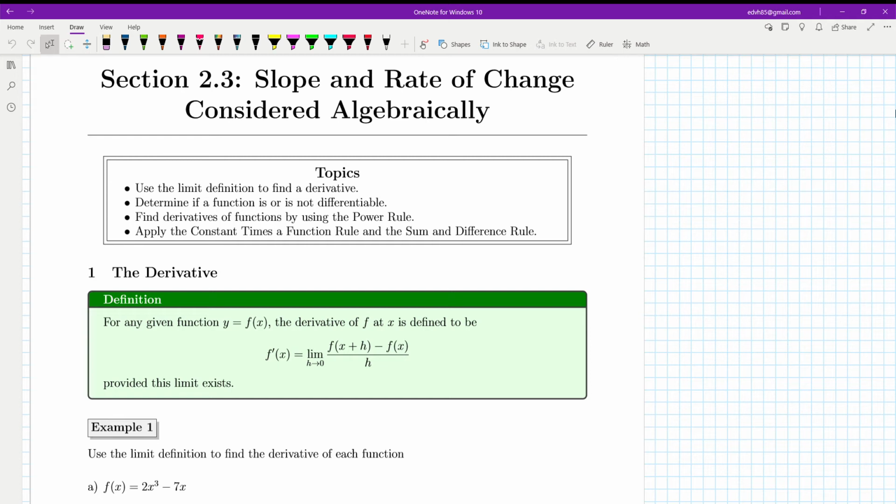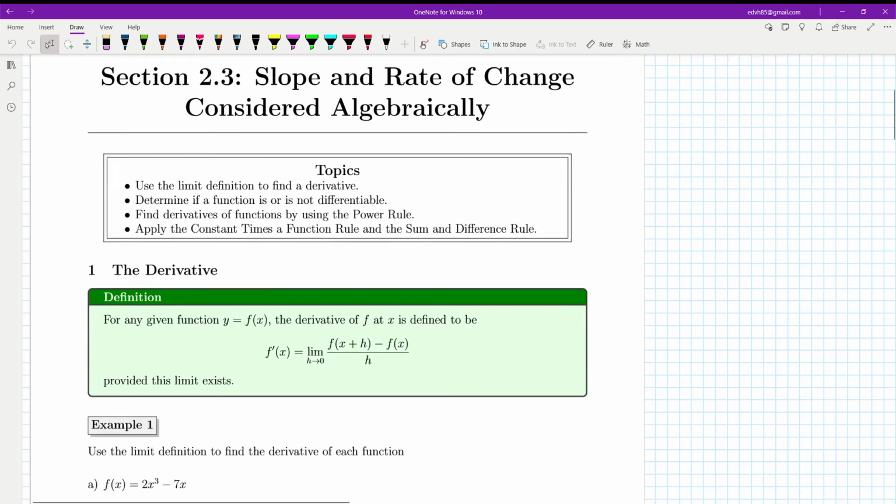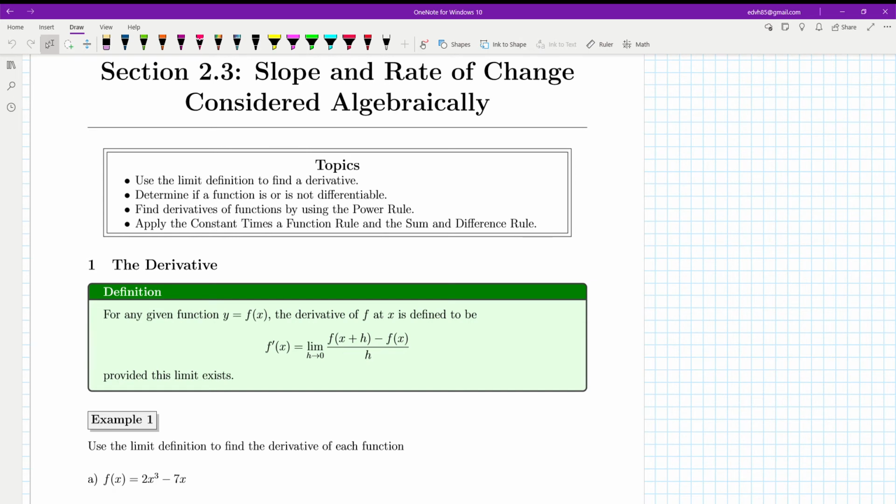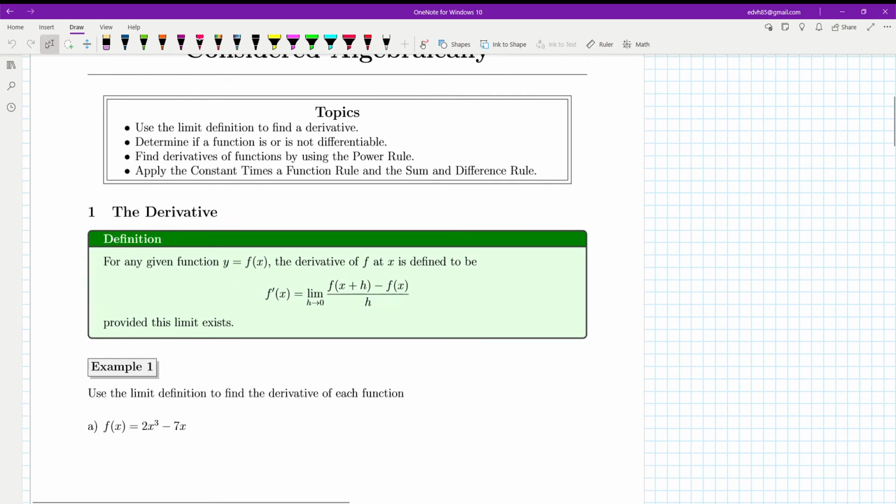And we also looked at an application to illustrate what that rate of change is, the instantaneous rate of change, for a situation in which we found the instantaneous velocity of an area in this case at a particular time.